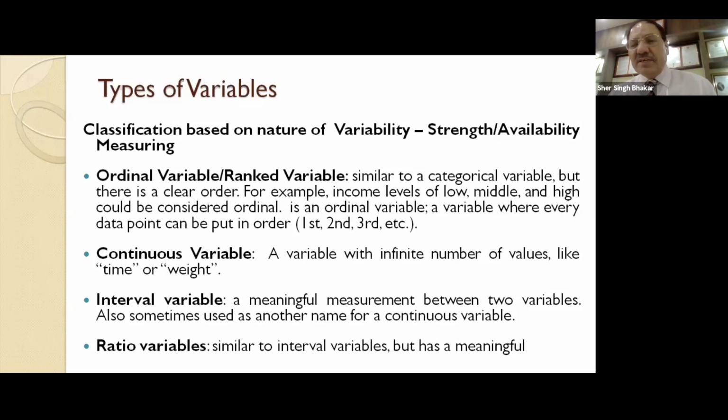If the difference between first value to second value, second to third, third to fourth, fourth to fifth is not constant, right? Then it will be ordinal variable. If it is constant, it will be interval variable.